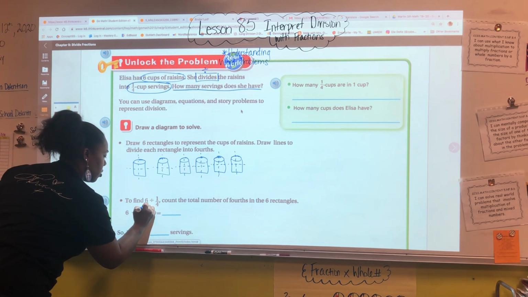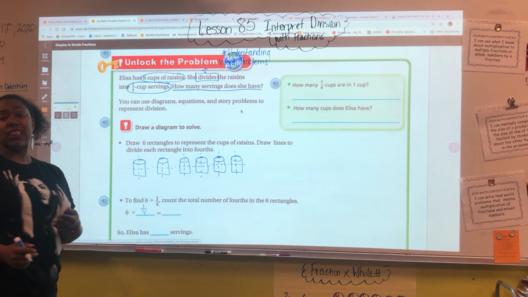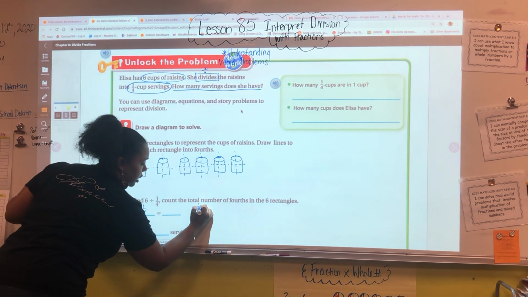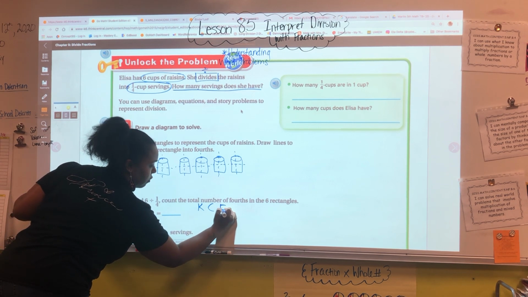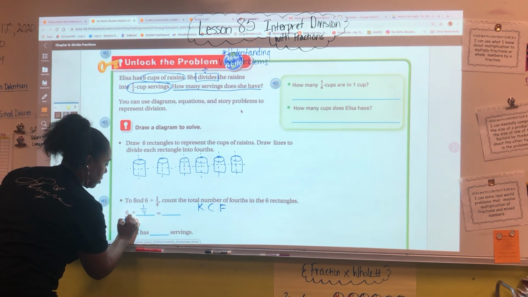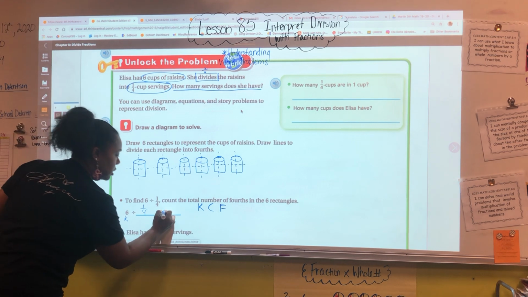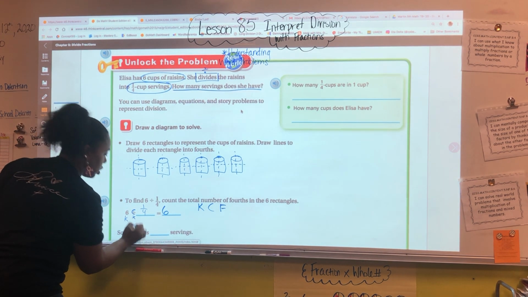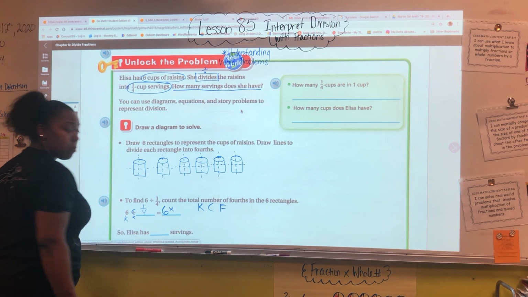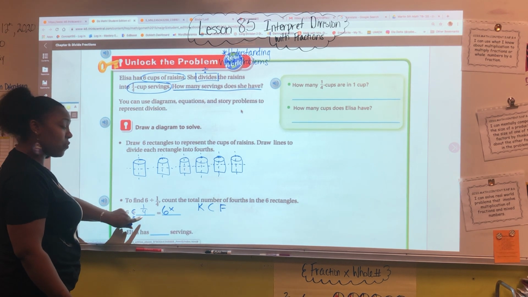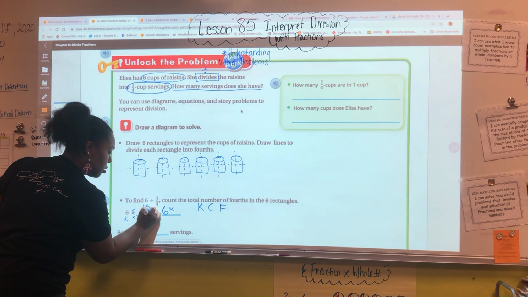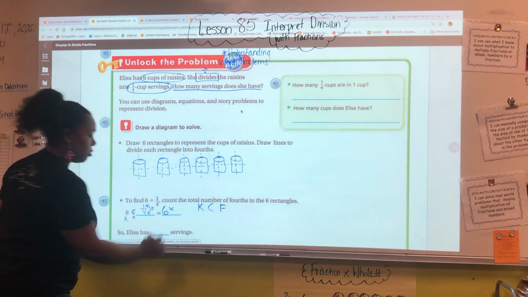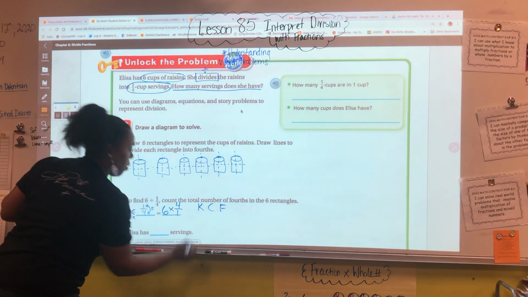So I can rewrite that using keep, change, flip, right? I'm going to keep 6 as is, 6. I'm going to change my sign to multiplication, and then I'm going to flip this fraction, 4 over 1.